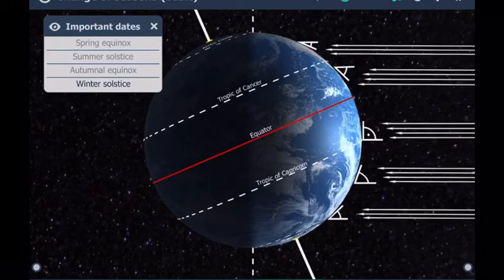So this happens on 22nd of December. After this, our days start increasing in length. Night starts becoming shorter and we move towards the summer season. And in between we will meet the spring equinox. So these are the two solstices and the equinoxes.